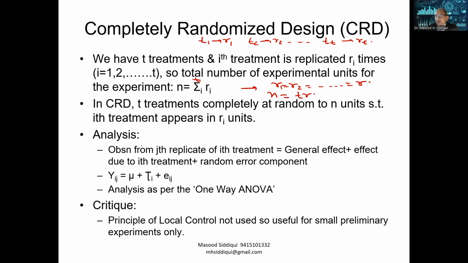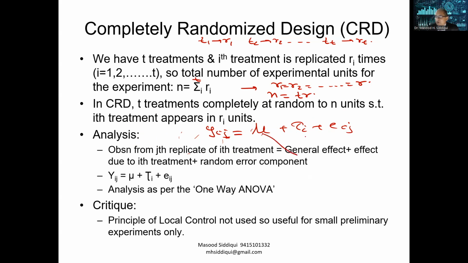Now, for the layout, we will start with the analysis. Observations: suppose we define Yij as the observation of the jth replicate of the ith treatment. So it equals the general effect, mu, plus the effect due to the ith treatment, tau_i, plus the random error component, e_ij. So this is the model that we use.